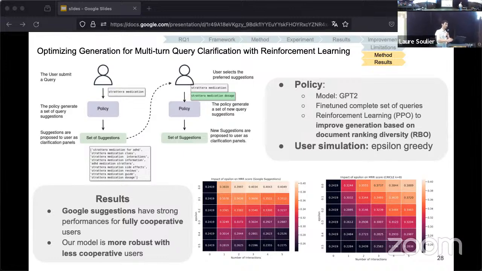These queries are quite similar if you look at the words, but they lead to very different rankings, and that was the main metric we wanted to improve on: the diversity on document ranking. We use this measure to improve the generation of queries.